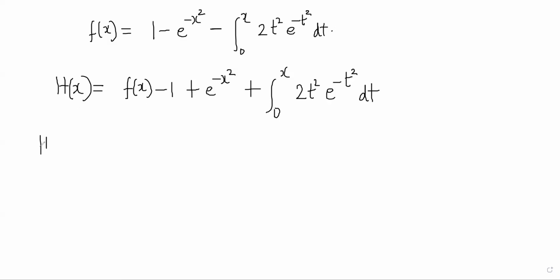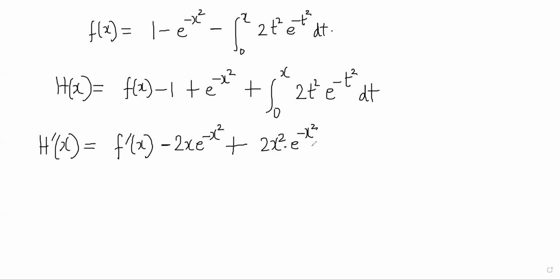Let's try to find out what happens if we do h dash x. H dash x is f dash x, and this term would be minus 2x e power minus x square plus, when we put here we get a plus 2x square e power minus x square.